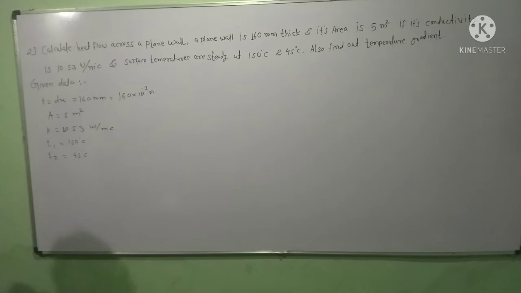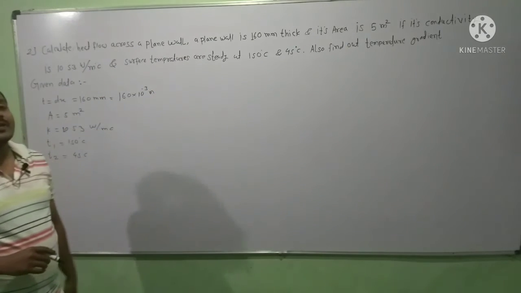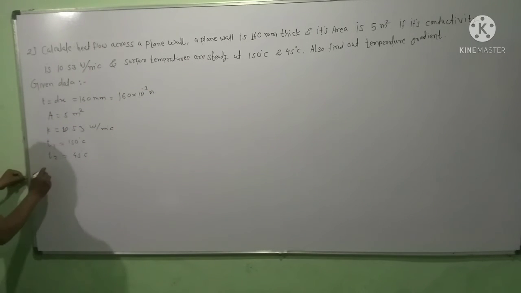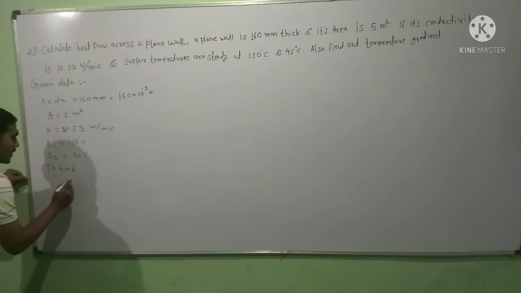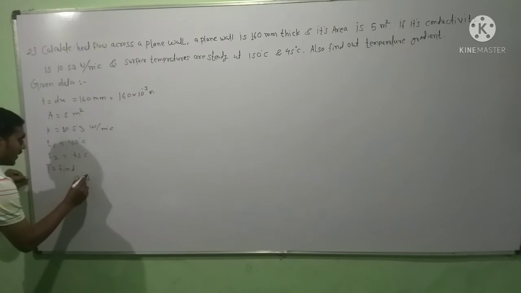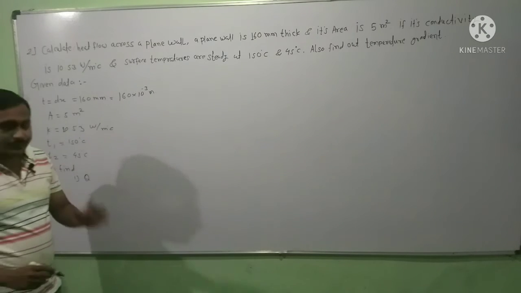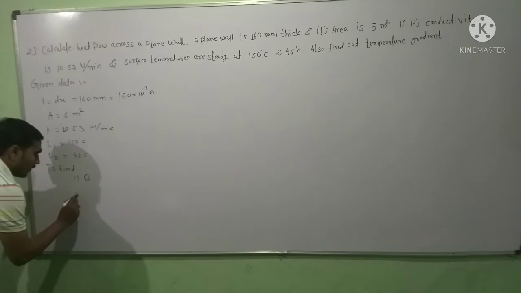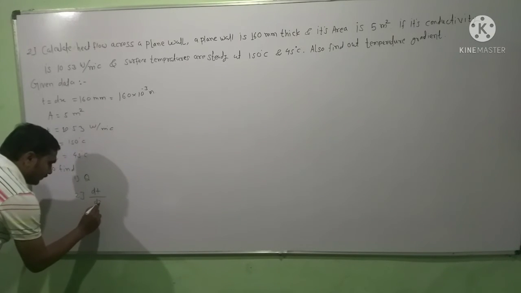Also find the temperature gradient. To find: first thing we have to find rate of heat transfer Q, that will be in watt. Second thing, we have to find out temperature gradient dT by dx.